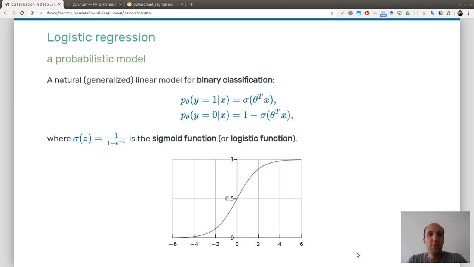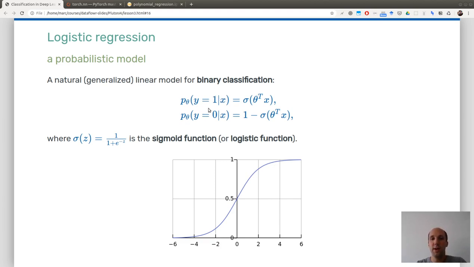So let's move on to logistic regression. Logistic regression is the easiest kind of task where you now try to predict a category instead of a real number. So you first need to modify your probabilistic model, and this is what I'm doing here. Let's start simple and look at only two classes.